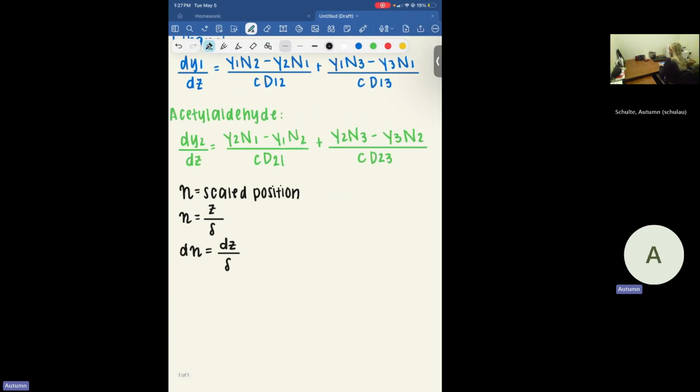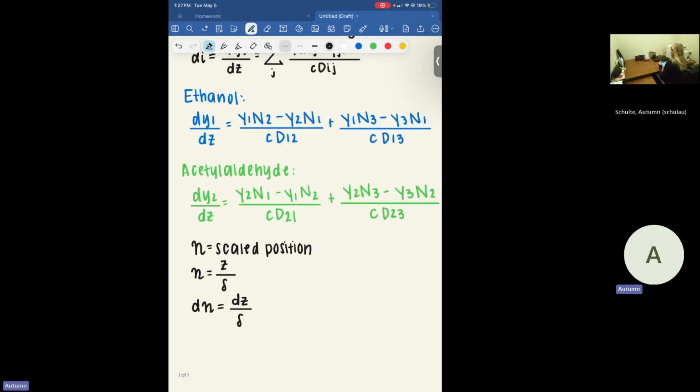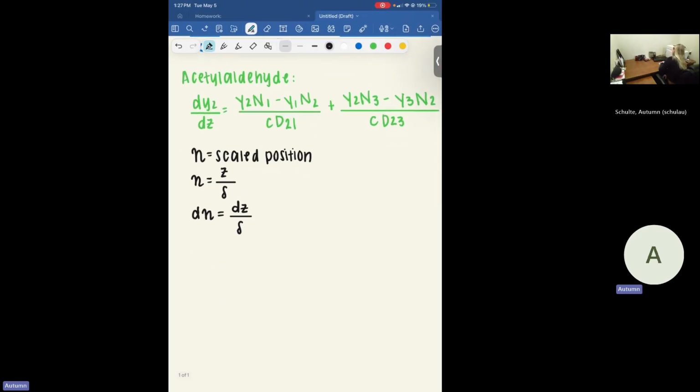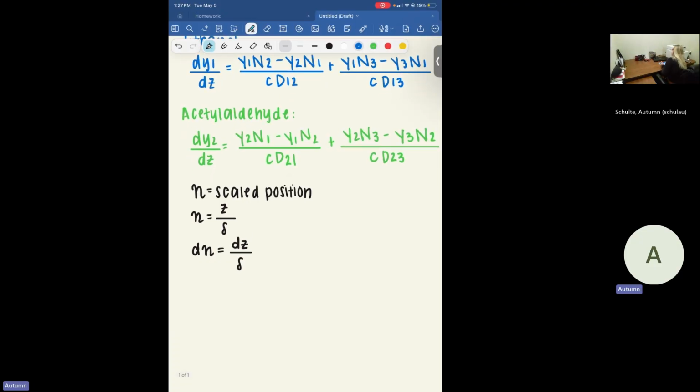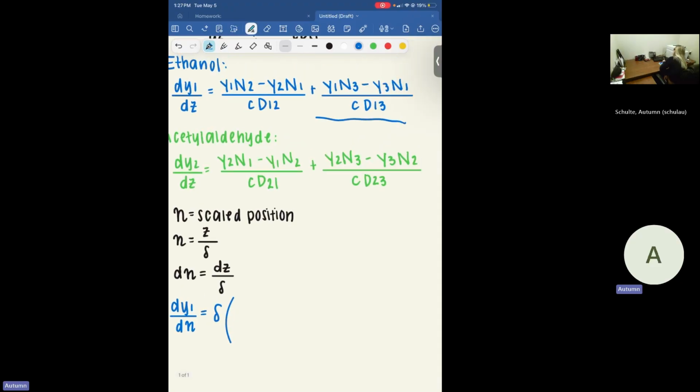And if we want to put that back in terms of our ethanol and our acetaldehyde, for our ethanol, our new equation is going to be the derivative of our mole fraction of ethanol with respect to our scaled position is equal to the distance delta multiplied by this entire term here.